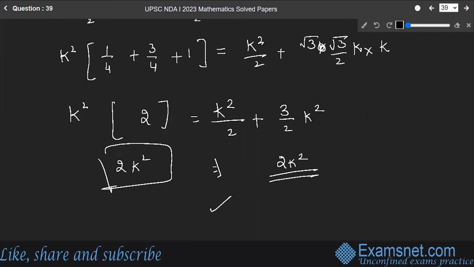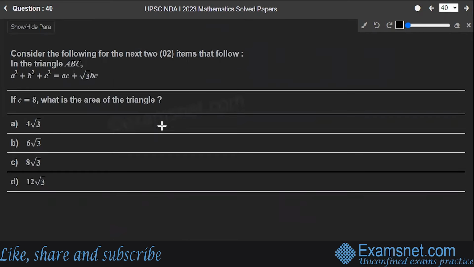Hope you got that. Next is question number 40. Now it says if C is equal to 8, what is the area of the triangle? Let's draw the triangle. We already assumed the angles. So this was supposed to be 90, this is 60, this was angle B, and angle A was equal to 30. We assumed that only.